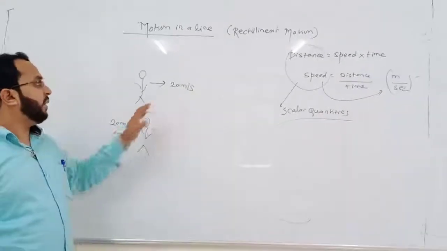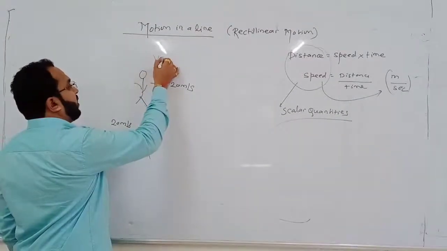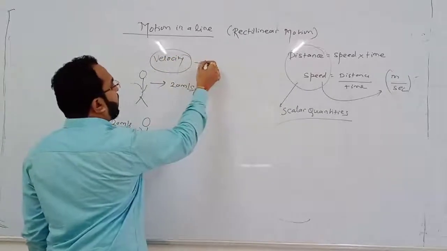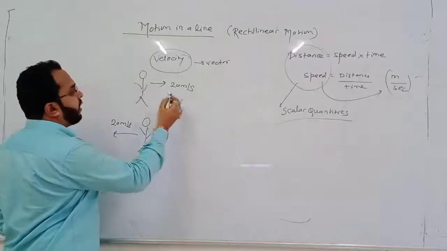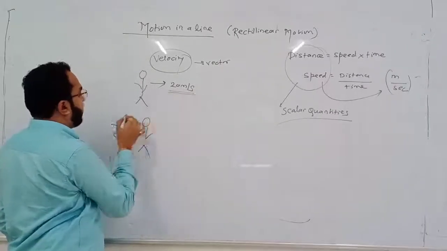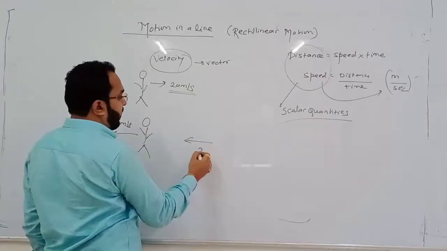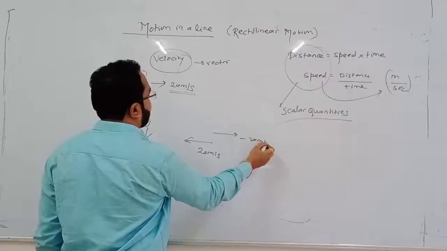So here 20 and here 20. But if we talk about velocity, which is a vector quantity, and for a vector quantity, if this is 20, then this will be minus 20. Or if this is 20 meter per second, then this will be minus 20 meter per second.